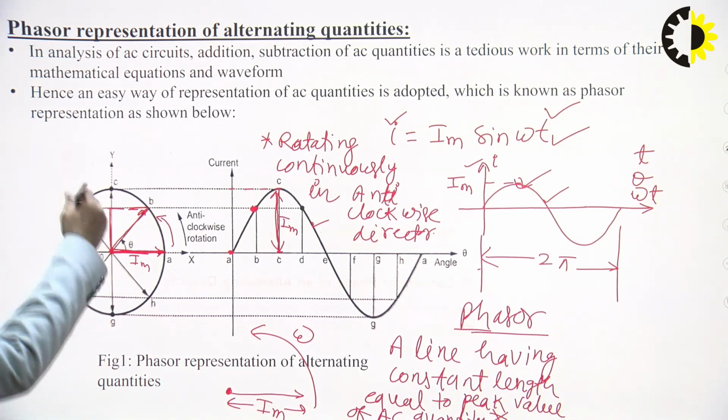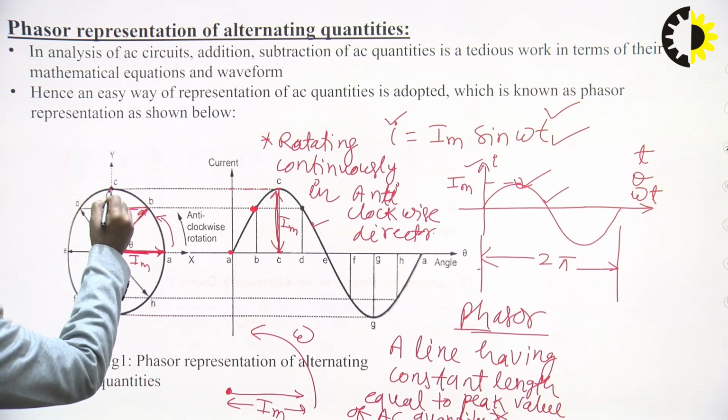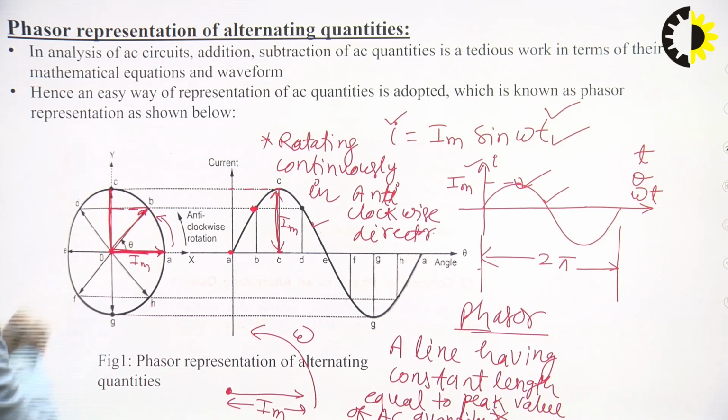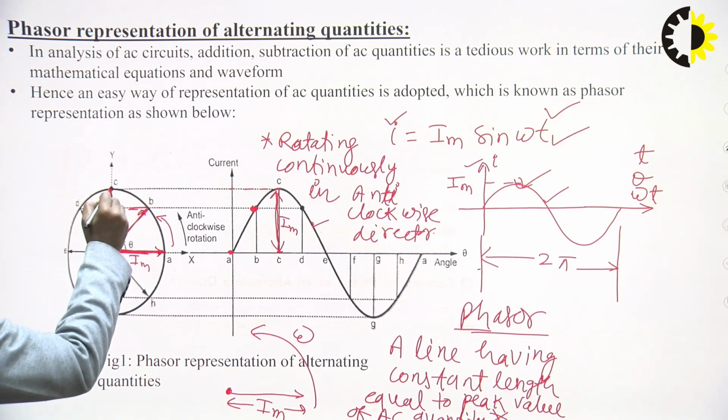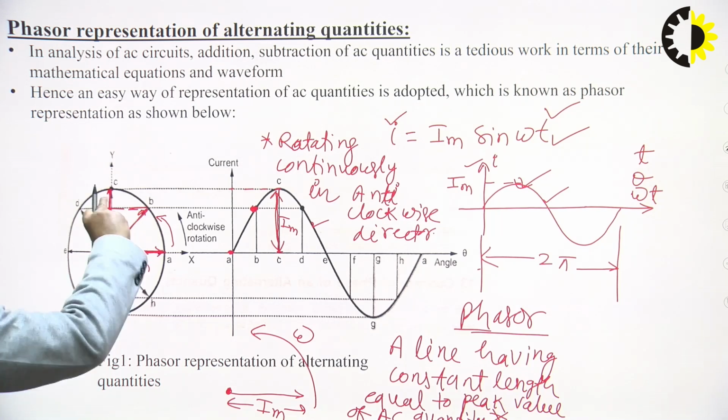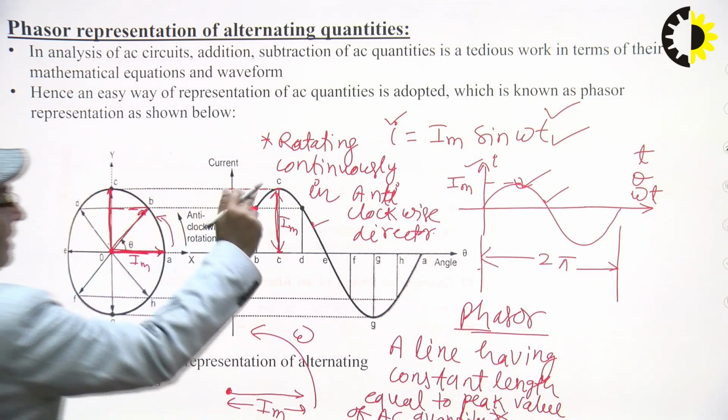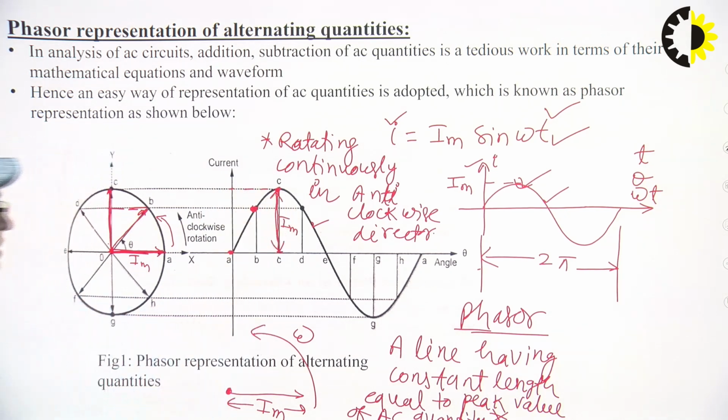Now suppose by further rotating it comes here, and its projection on the y-axis becomes equal to its peak value, and this point is now represented.